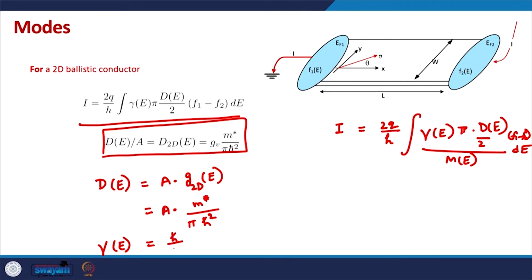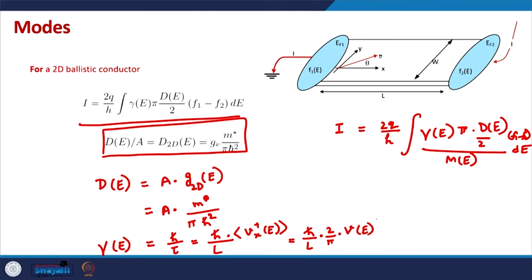h bar by tau, which is essentially h bar by L divided by Vx plus, which is equal to h bar by L times 2 by pi times Ve.